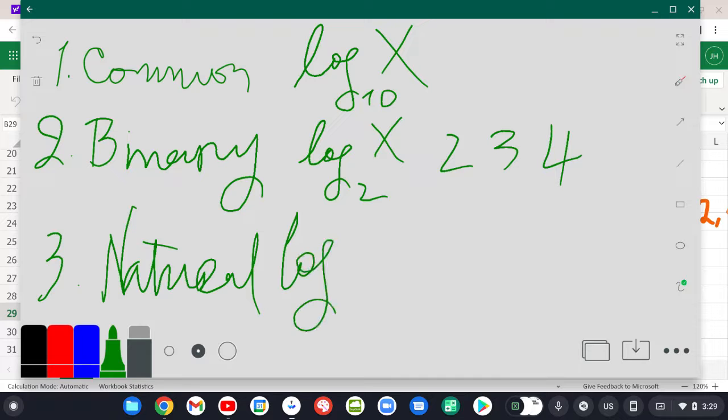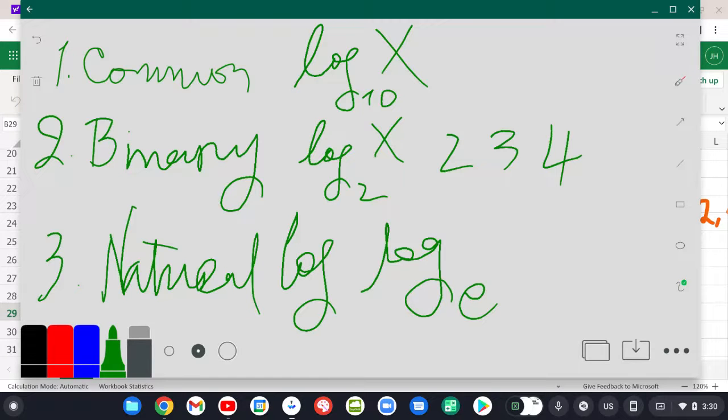The natural log is based on Euler's number e. Now this is quite a heavy topic. First of all, who is Euler? Euler was a German mathematician, sometime in the 17th or 18th century, of course long dead.